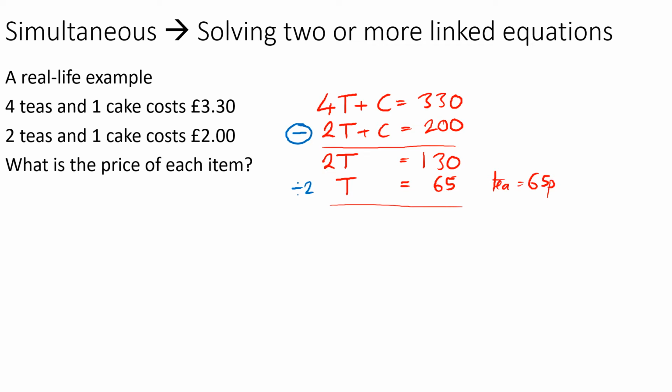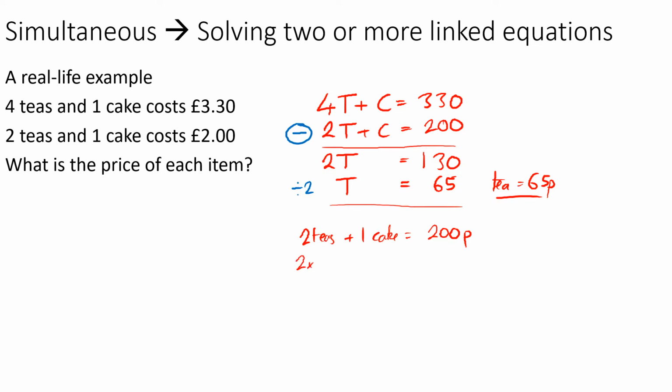and we could plug it back into one of the original statements. So we knew that 2 teas plus 1 cake is equal to £2. So we could say, well, okay, 1 cup of tea is 65 pence. So 2 teas would be 2 lots of 65 pence, would be £1.30.